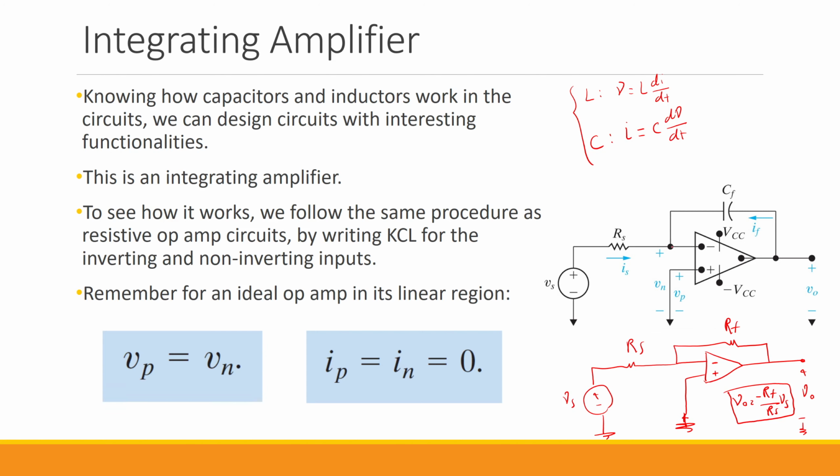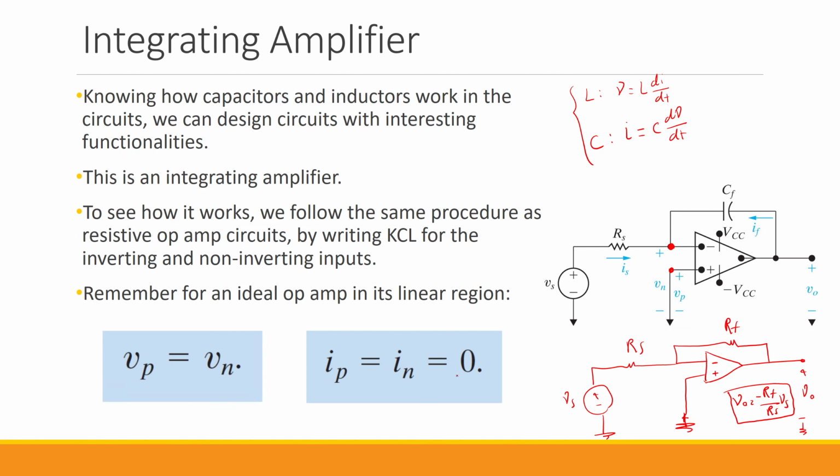We again write the KCL for the inverting and non-inverting terminals of the op-amp. If you remember, we had two major constraints for op-amps. One was that the voltage at the non-inverting input and the voltage at the inverting input are the same, because of the very high gain of the op-amp.